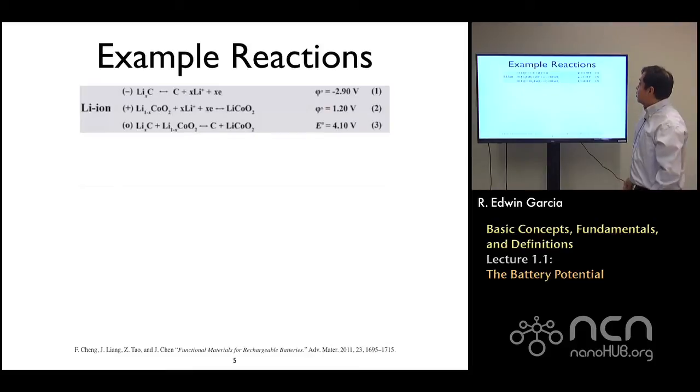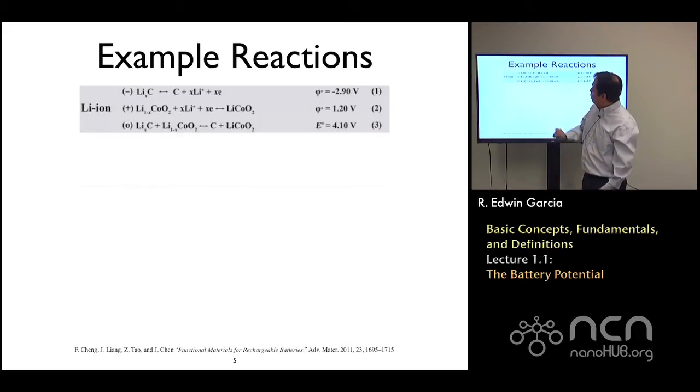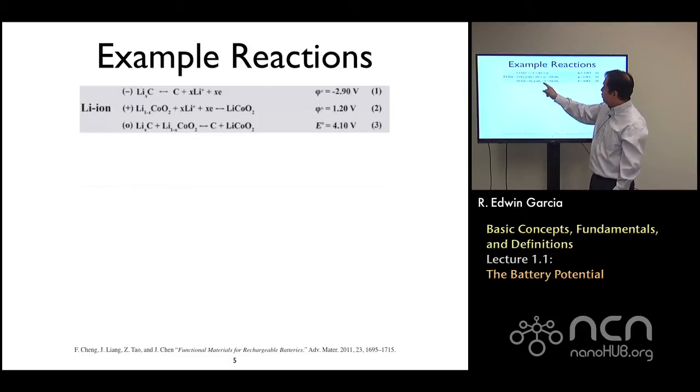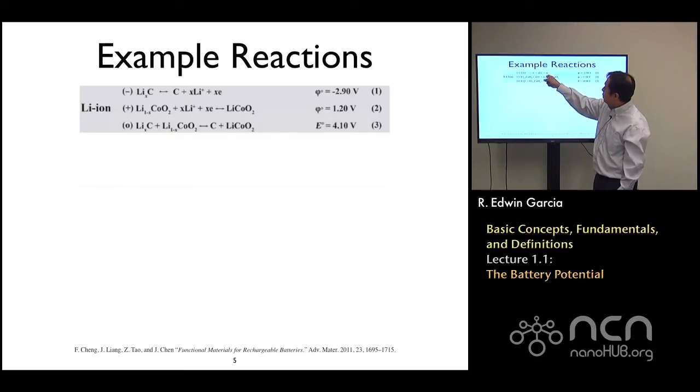Okay, now these are examples of some reactions as reported by this paper that I have here at the bottom. For example, here you have graphite, lithiated graphite. As we were discussing very generally in the previous slides, it dissociates in this case into just carbon with X lithium ions that are ripped out of the graphite lattice, and for every positive ion that we take, we get one negative electron, so we have X Li plus Xe.